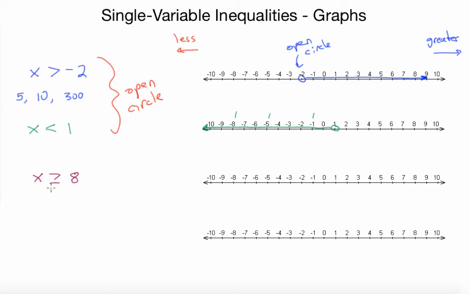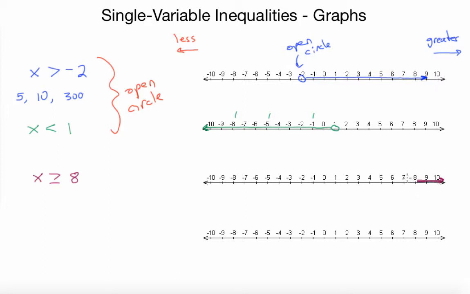All right, so what are all the numbers greater than 8? Well, that's 9, 10, 11, 12, 13. But in this case, x could also equal 8. So I have to think a little differently about how to graph this. I'm going to find 8, that's my boundary. And I know everything greater than 8, I'm going to shade to the right because that's greater than. But what do I do at 8? Well, since it includes the number 8, 8 is a solution.